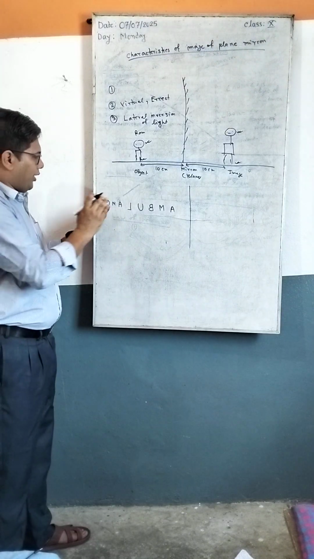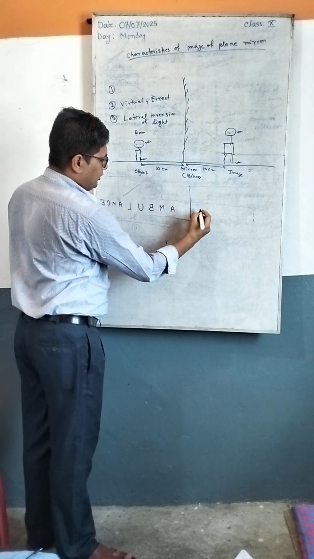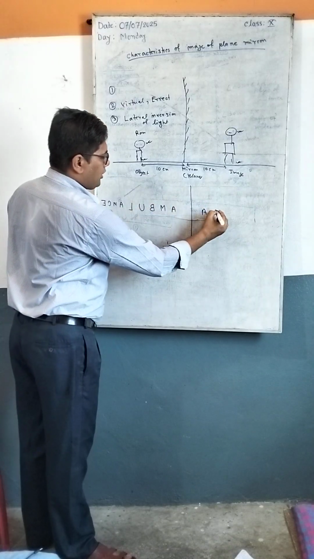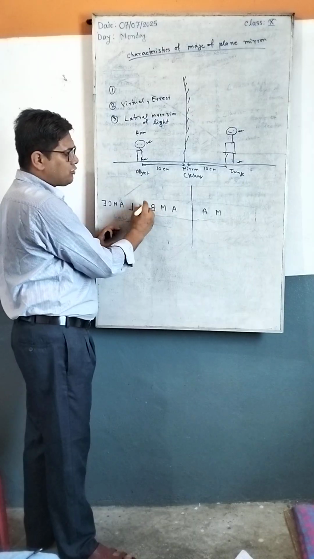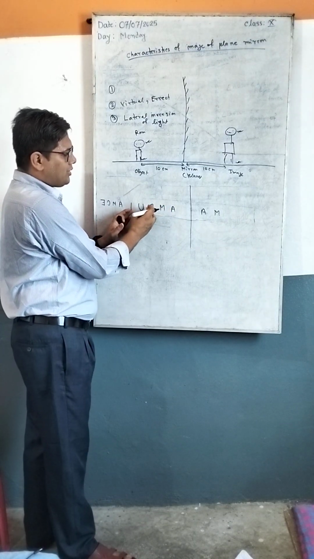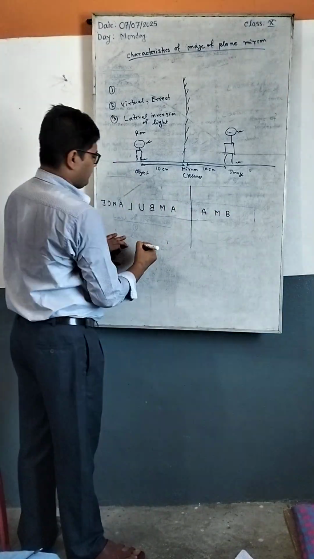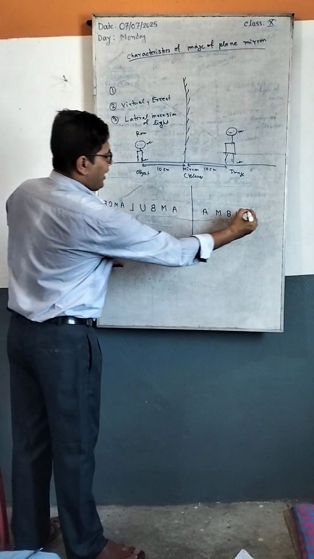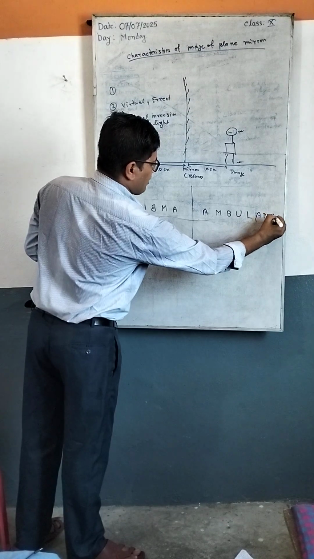In the mirror image, A stays A and M stays M, but B is reversed, meaning left side and right side are opposite. The same happens with U, L, N, C, and E.